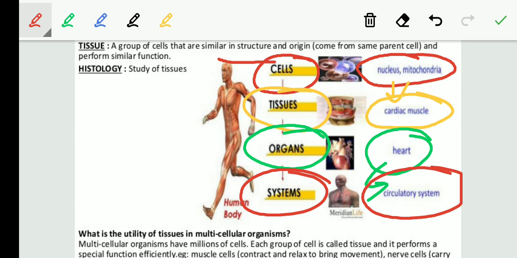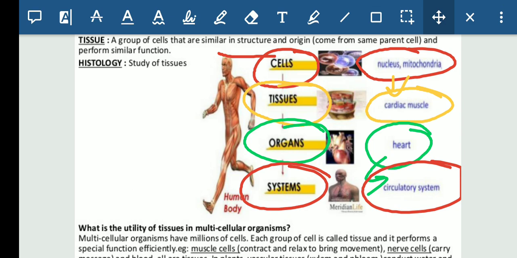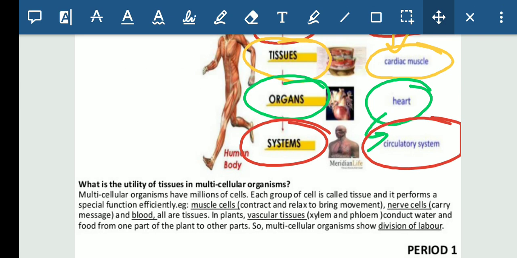This is just the basic concept that you should know. Now, what is the utility of tissue in multicellular organisms? Multicellular organisms, students, as we know, have millions of cells and each group of cells is called a tissue, right? So, a group of cells is termed as tissue.